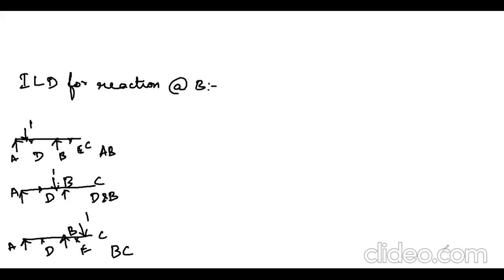Now we are going to find the influence line diagram for the reaction at the point B. For that, I am going to take the first condition, that is, I am applying the load in the portion AB. I'll be taking moment. Summation of moment about B equal to 0.